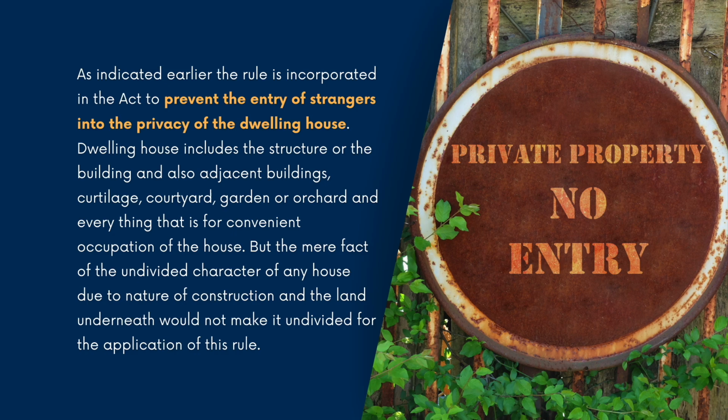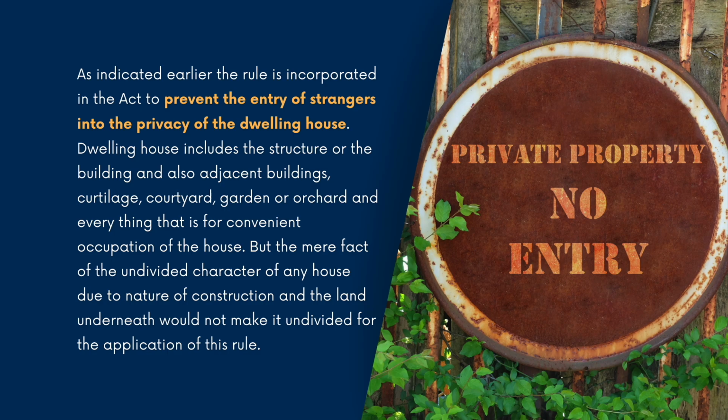As indicated earlier, the rule is incorporated in the Act to prevent the entry of strangers into the privacy of a dwelling house. The dwelling house includes structures or the building and also adjacent buildings, curtilage, courtyard, garden, orchard, and everything that is for the convenient occupation of the house.